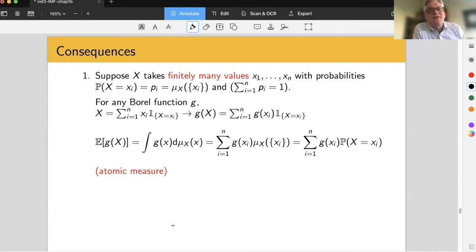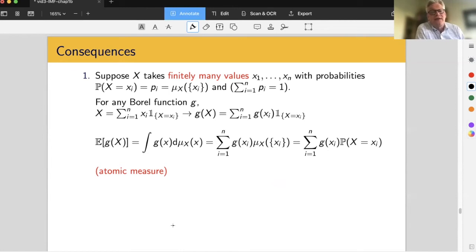Suppose X has finitely many values, say x1 to xn, with probabilities, the probability that X is equal to xi is pi, and that is the so-called atomic measure μ_X of the element xi.